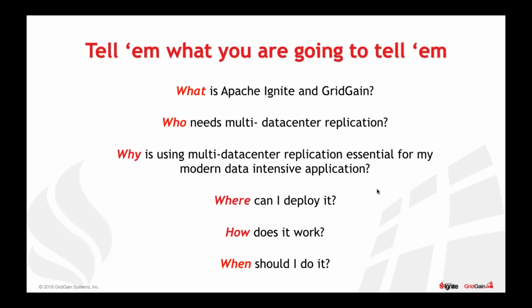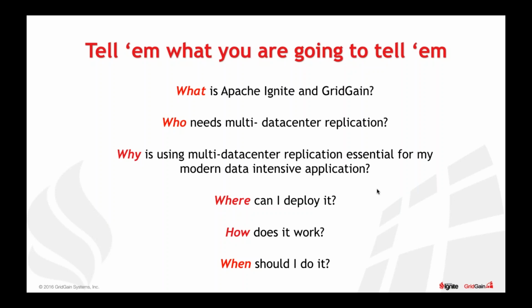First off, I am going to tell you what I'm going to tell you: the who, what, when, wheres, why, and hows of this webinar. We are going to start with what is Apache Ignite and GridGain. I'm going to go through this fairly quickly because we've got a little more meat on the matter, but I do want to give everybody who may not be familiar with Apache Ignite and GridGain Enterprise an idea of how those products work and fit together.